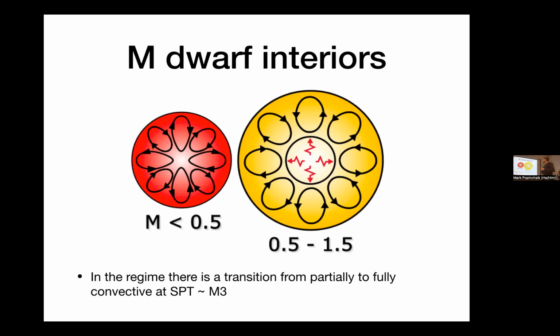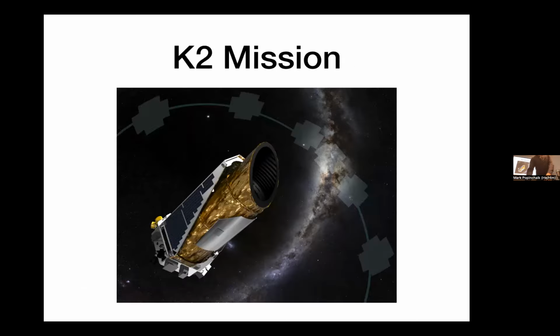And so not only do we have to think about how these stars are spinning, but if the way that angular momentum is lost over time has to do with some kind of coupling between the radiative core and the convective outer layer, it's going to be challenging to have the same rules describe partially convective objects and fully convective ones, where they won't have that interplay. Or maybe that'll help them spin down differently. We don't know. So this happens at around M3, for a given spectral type to base you in the range.